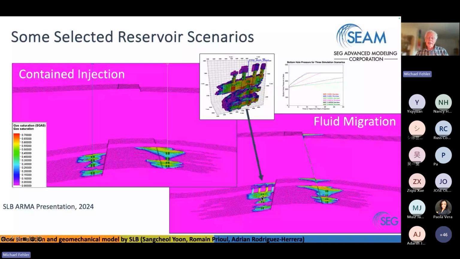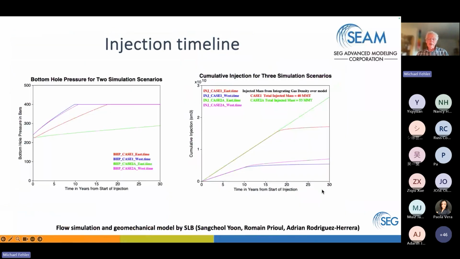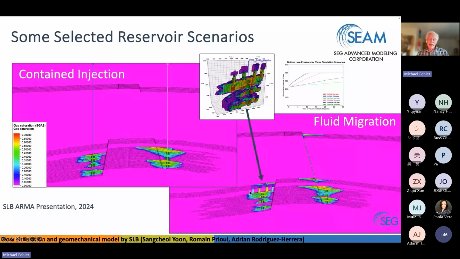And again, the idea is, can we, using geophysical methodologies, detect this fluid migration before it's catastrophic? That's one of the things that we hope our data will allow users to do: evaluate whether VSP, EM, or surface seismic allow us to detect the fluid migration before it gets very far out of the main reservoir.